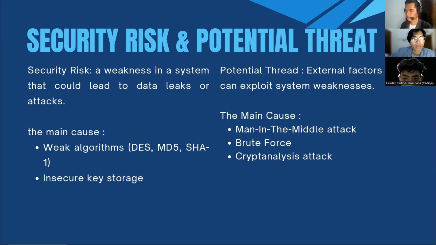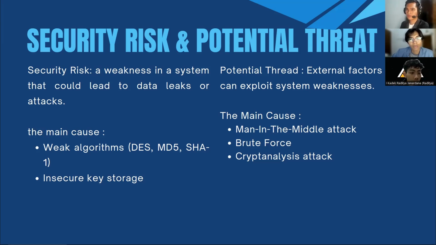One of the main sources of security risk comes from weakness in cryptography security, particularly in encryption algorithm and key management practice. So, the main cause is weak algorithm, easy to break or exploit.